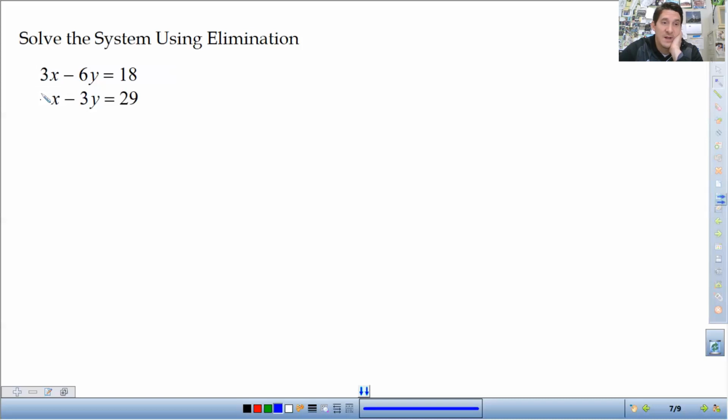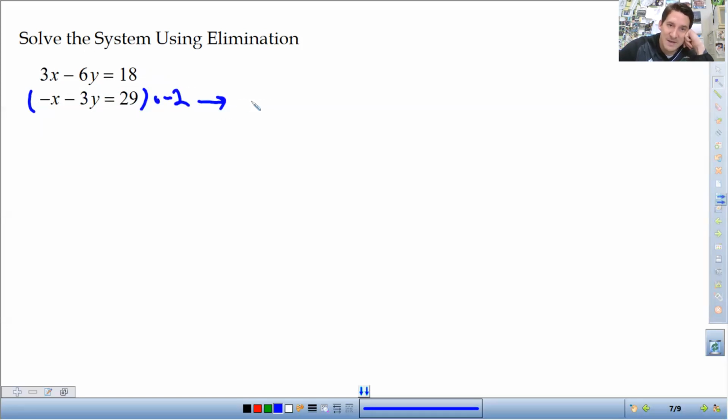We can get this negative x to be a negative 3x real easy by multiplying the bottom by positive 3. I'm going to do something a little bit different. I'm going to eliminate the y's because it's easy enough to turn this negative 3y into a positive 6y to eliminate the negative 6y up there. So I'm actually going to multiply the bottom equation by negative 2.